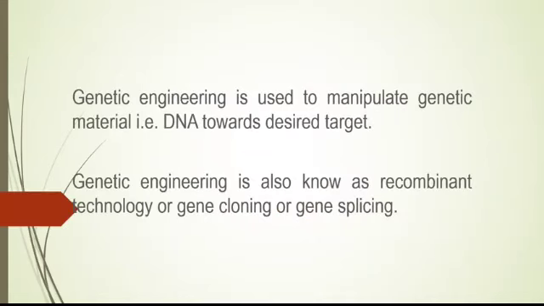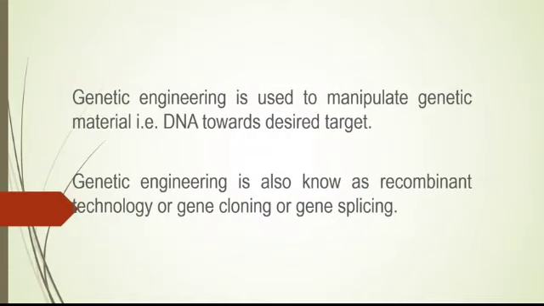In rDNA technology, a DNA molecule from one organism is cut into fragments and a specific desired DNA fragment is isolated, and then that desired DNA fragment is transferred and spliced, that is joined, in the DNA molecule of another organism.